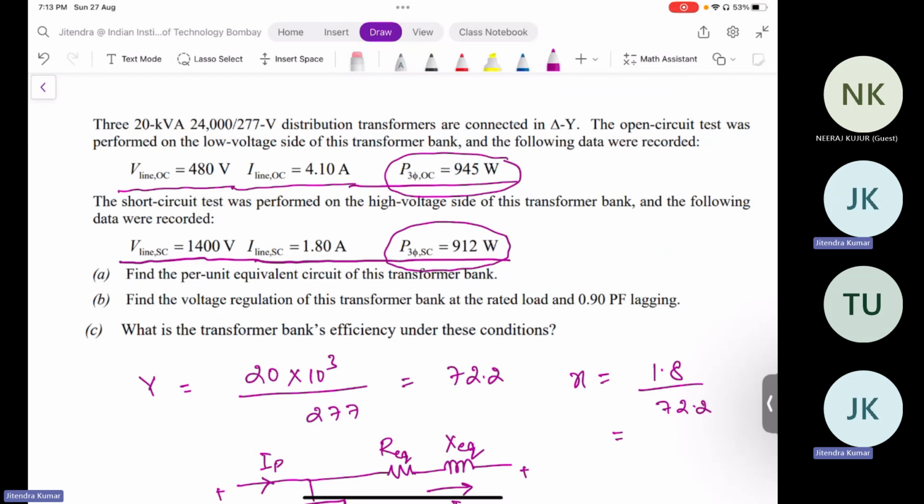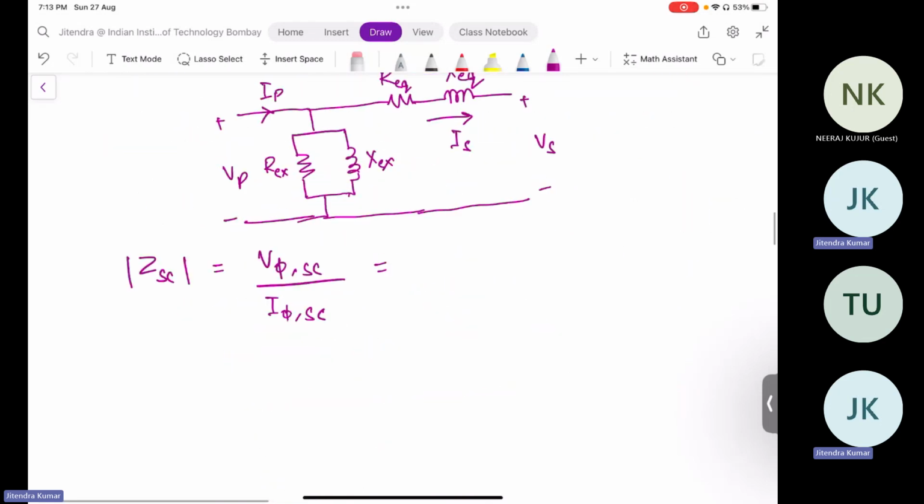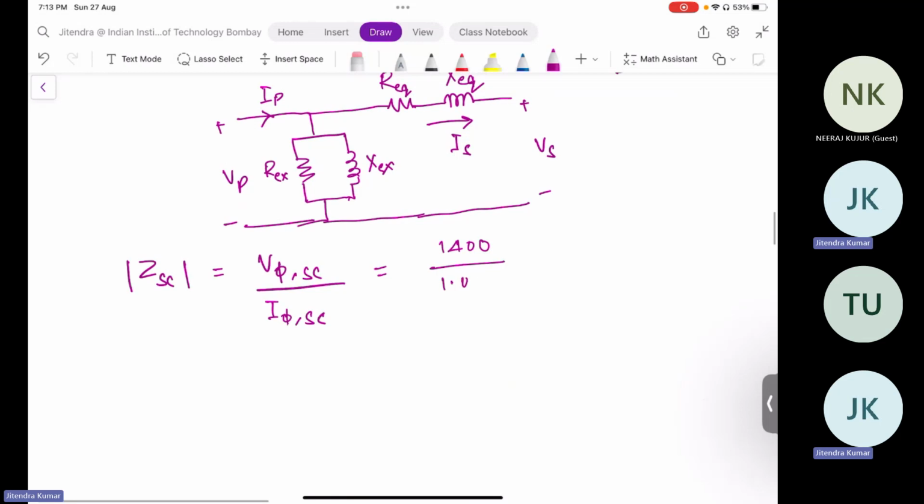The phase current will be 1.8 divided by root 3, whereas the phase voltage will be 1400 divided by 1.039, so it is 1347 ohm. Am I correct till now?